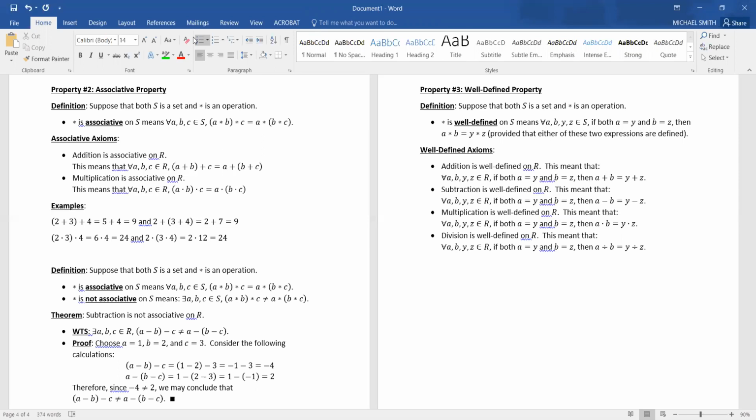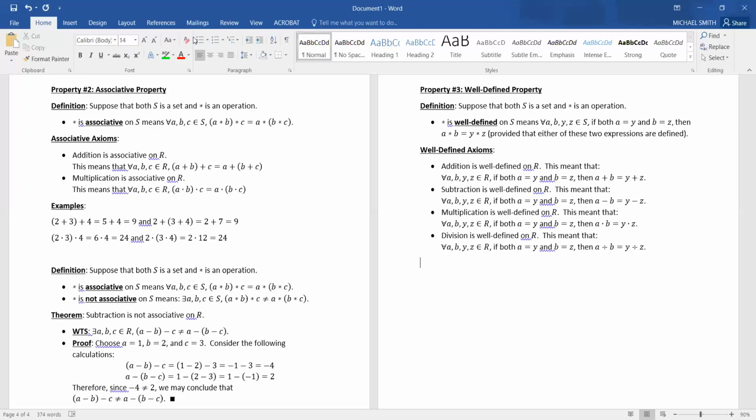Dividing by 0, for example, is not defined, but division is well defined because you can't divide two numbers and get two different things. Being well defined just means you can't get two different things when you do an operation.